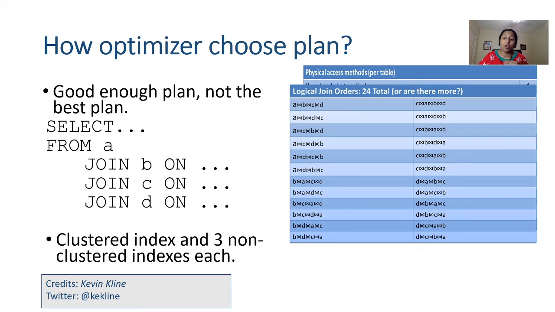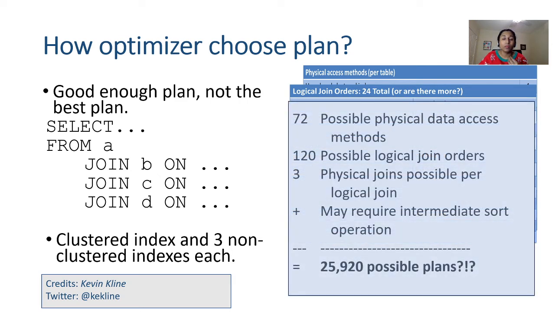On top of it, SQL Server would have to analyze so many transformation rules that, out of analyzing all these transformation rules, it will gather approximately 26,000 possible plans. And from those plans, the optimizer has to choose the best, which is very, very resource consuming, right?